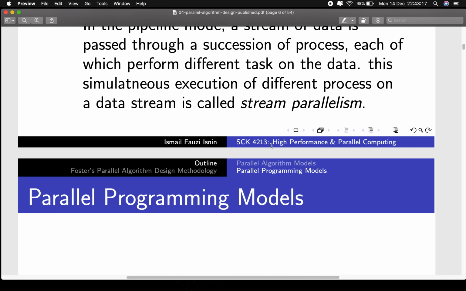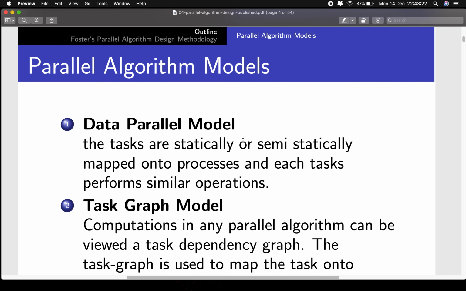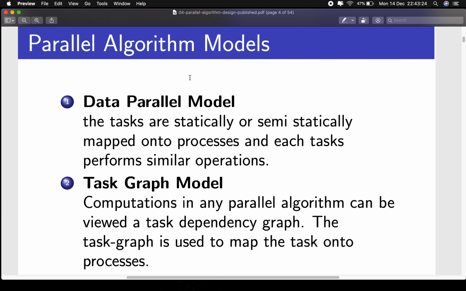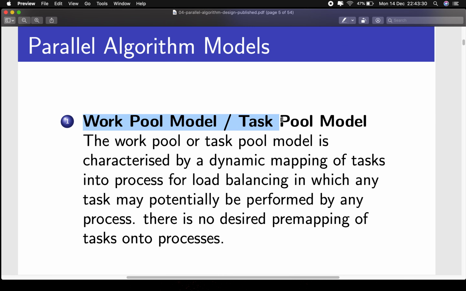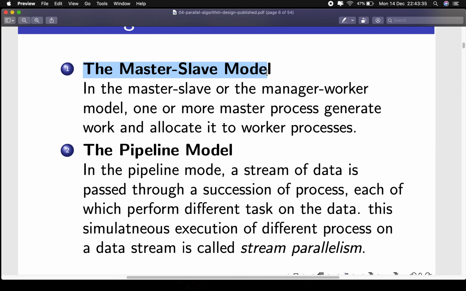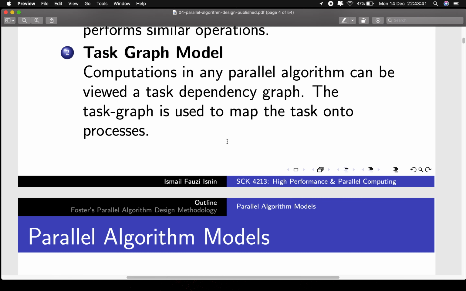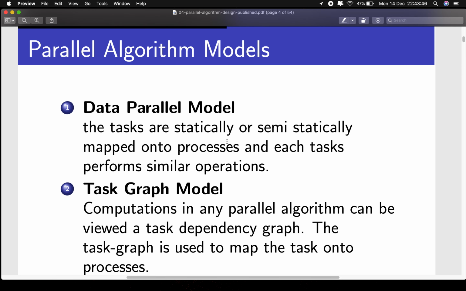Yes, there are basically 5 parallel algorithm models: the data parallel model, the task graph model, the work pool model or task pool model, the master-slave model, and lastly the pipeline model. You need to remember that there are 5 of these.